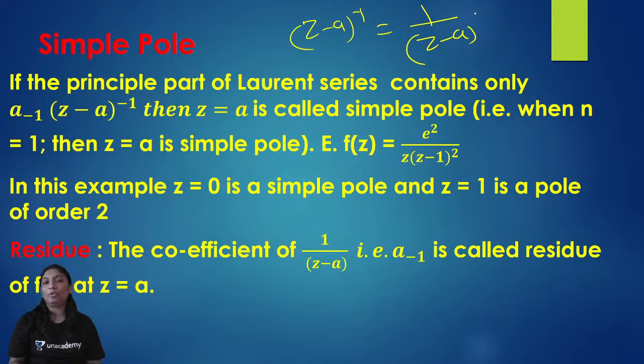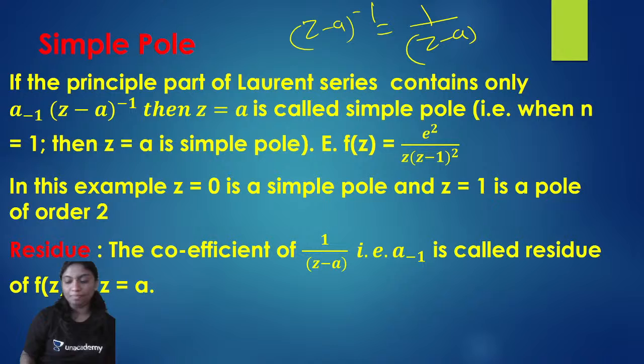So it is a simple pole. Raised to minus n means 1 upon z minus a raised to n. तो ये हो गया z is equal to a is a pole of order n. अगर यहाँ पे 1 है तो only you can say that z is equal to a is a simple pole. ये order अगर 1 आ रही है then z is equal to a is a simple pole.